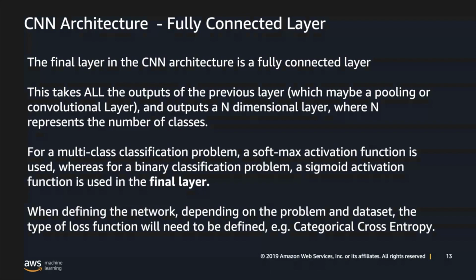Now, to achieve that, we need to use these things called activation functions, and typically we use a specific activation function to do that. We're going to talk about that in a minute, but there are unique properties of this activation function which allow us to build those probability matrices based on the inputs, which is super important because we need to use that to do some interpretation and reweighting of our outputs.